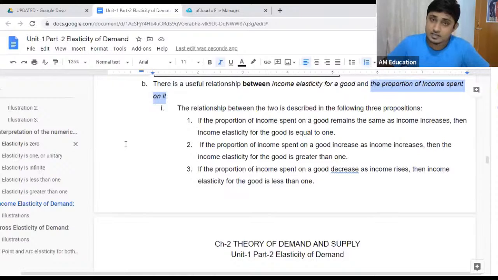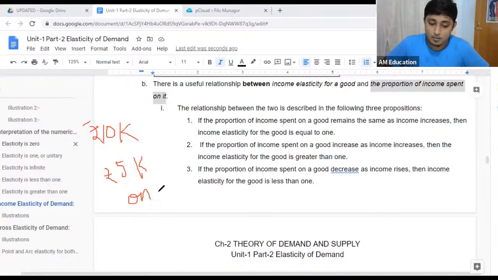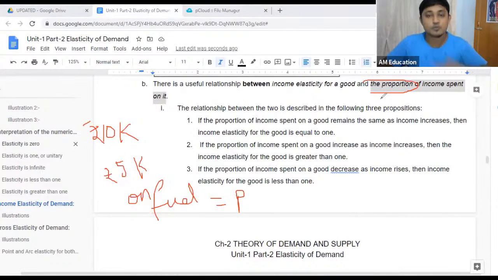My salary is 10,000 rupees, and I spent 5,000 rupees on fuel. So how much is the proportion of my income spent on fuel? I want the answer.